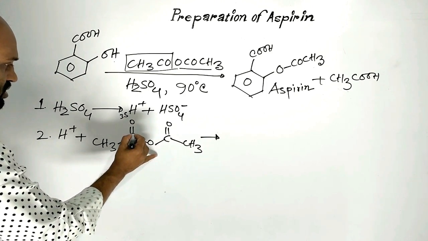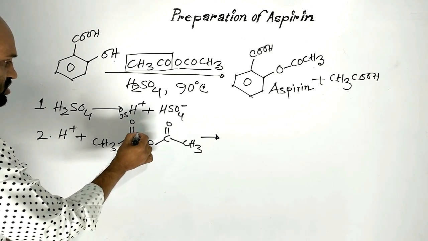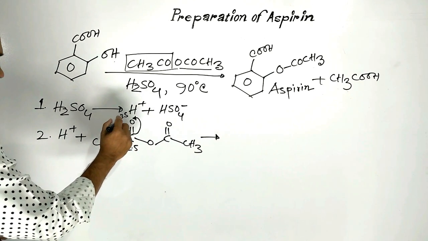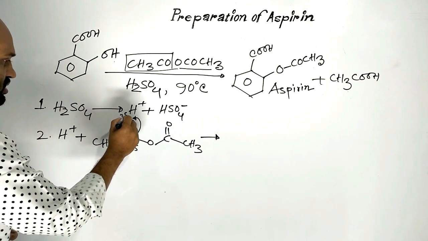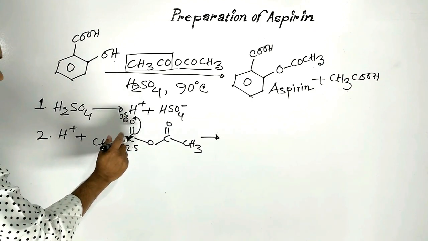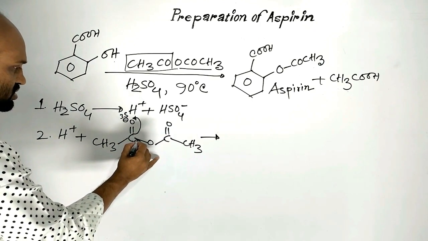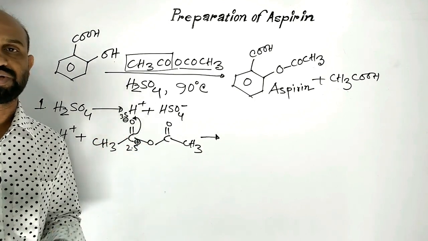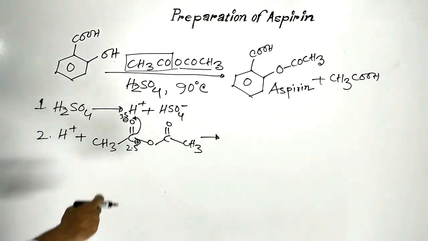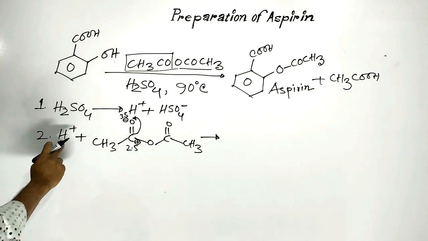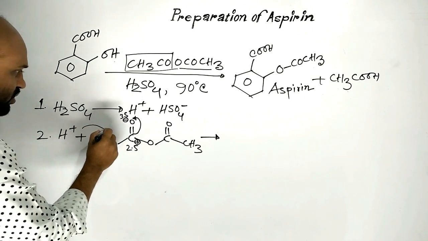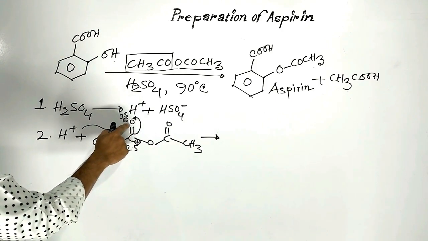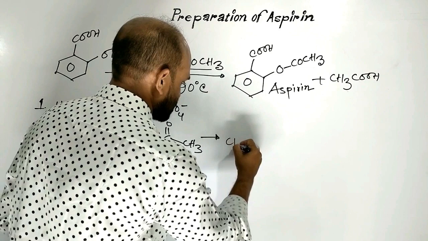That is why pi bonding electrons move towards oxygen. As a result, oxygen becomes negative in charge, carbon becomes positive in charge. After the movement of the pi electrons, this proton combines with this negatively charged oxygen, and ultimately this is obtained.